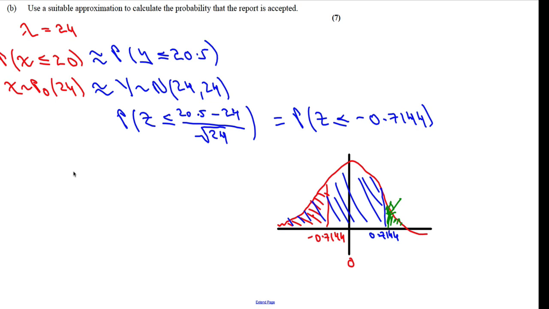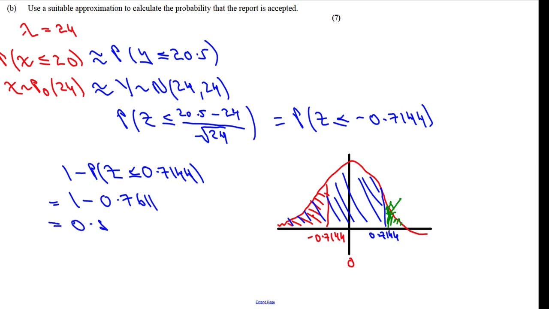So what we're going to do is 1 minus the probability that z is less than or equal to 0.7144, which is equal to 1 minus, and looking this up in the table, we get 0.7611. And then when we work that out, we get 0.2389.